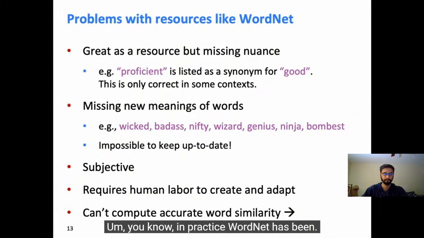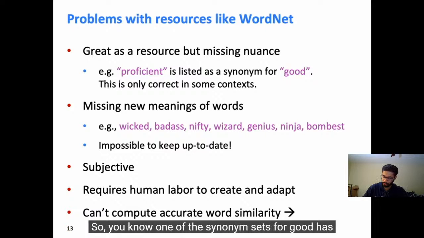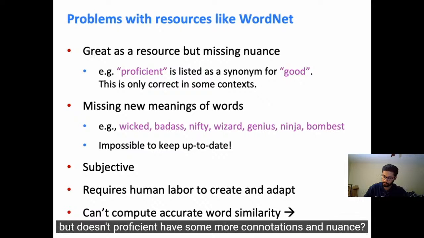In practice, everyone used to use WordNet because it gave you some sense of the meaning of the word, but it's also well known it never worked that well. These synonym sets miss a lot of nuance. So one of the synonym sets for good has proficient in it, and good's sort of like proficient, but doesn't proficient have some more connotations and nuance?